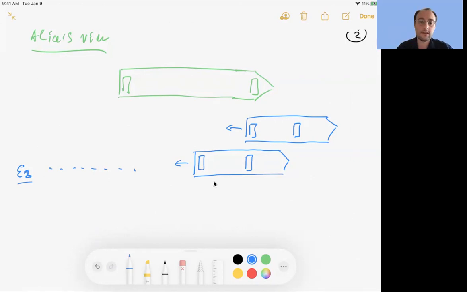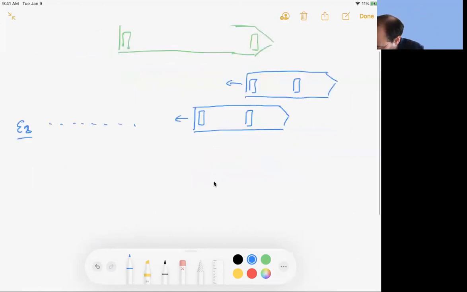Okay, so let's continue digesting this. Event 1 is when his back window is aligned with her front window sometime later. I'm sorry, event 1 is when his back window is aligned with her back window. Let's see if I can draw this.